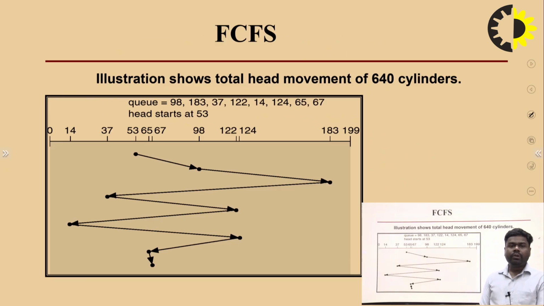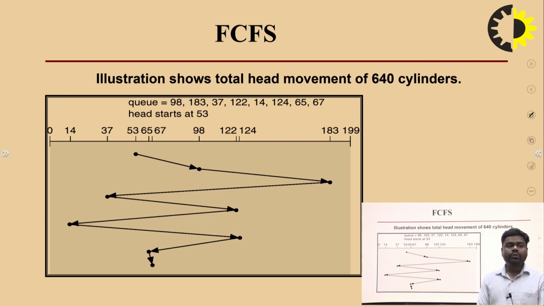Now the first scheduling algorithm is FCFS, first come first serve. As the queue has been given, and I have told you that we are taking the disk from 0 to 199, for moving 640 cylinders, total head movement we have to show. So how are we going to complete this?